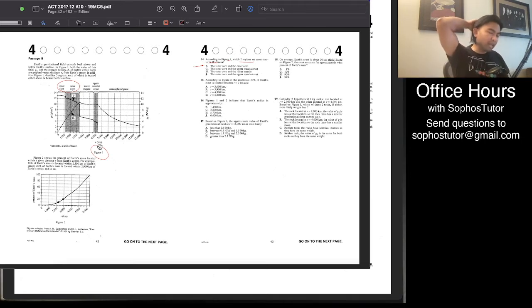Now, if we do need any clues to what these things mean, we can always look at the paragraph up here. Now, without looking at the paragraph, I do have enough background information in science to know that km is kilometers. And kilometers is indeed a distance. So my gut tells me that R is going to be describing thickness. But we can go ahead and double check what R is.